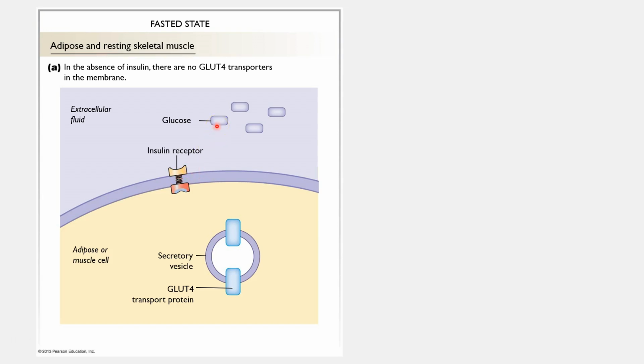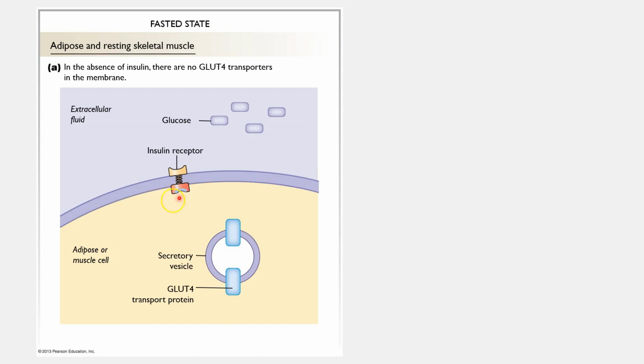High glucose levels will stimulate insulin secretion, but normal glucose levels should not, so insulin levels should be low. If insulin is not present in the blood, it should not be binding to a receptor on adipose tissue and skeletal muscle, and that means these GLUT proteins, these facilitated diffusion glucose transporters, should be inside in vesicles, not at the plasma membrane.